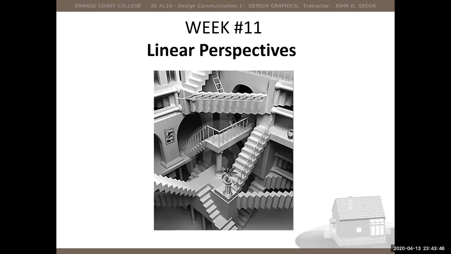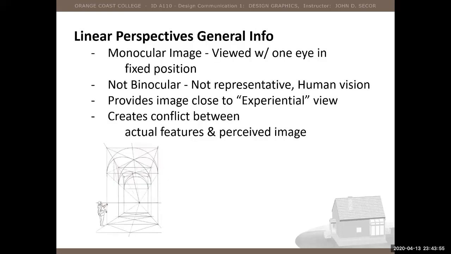Okay, so we're starting the topic of linear perspectives with the idea that perspectives are set up for viewing from a single fixed position, a one-eye kind of view.